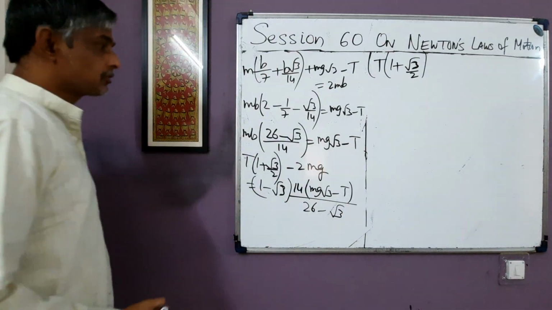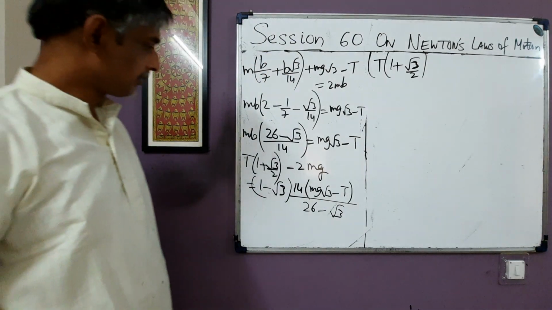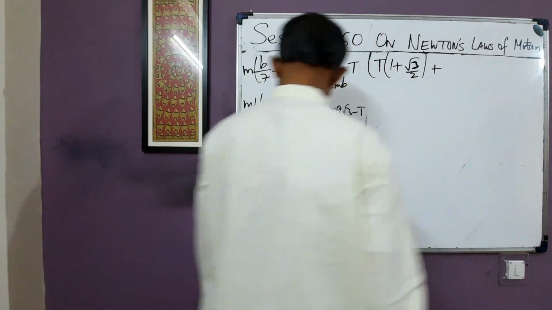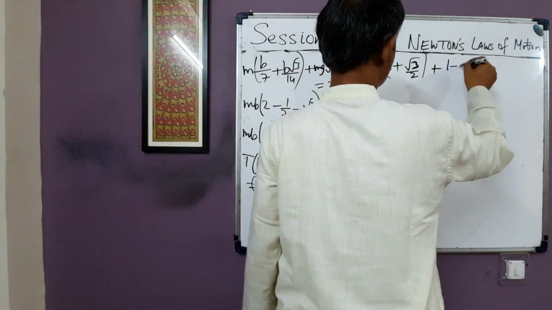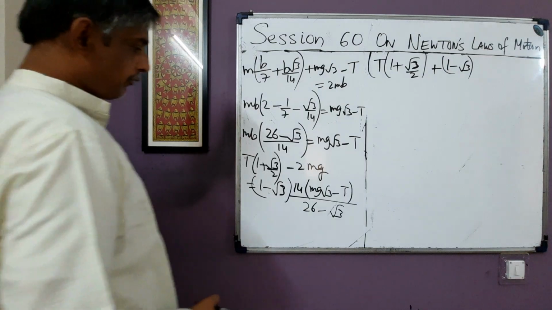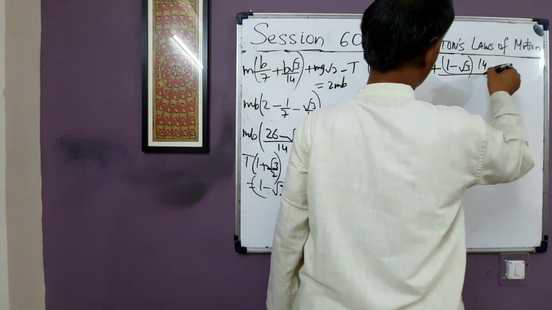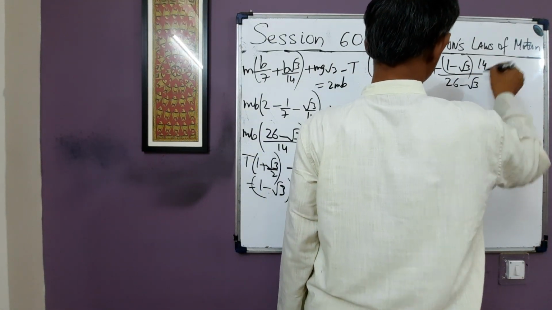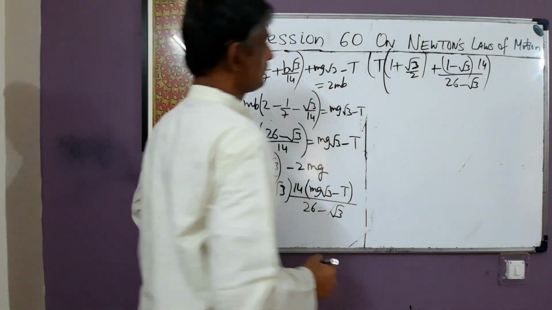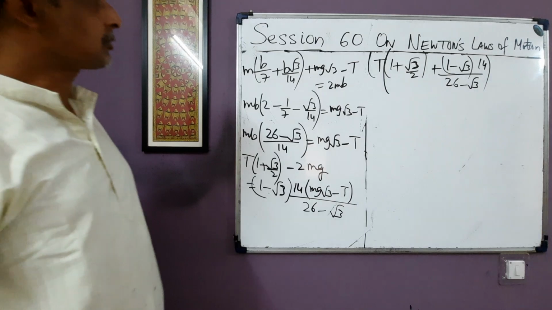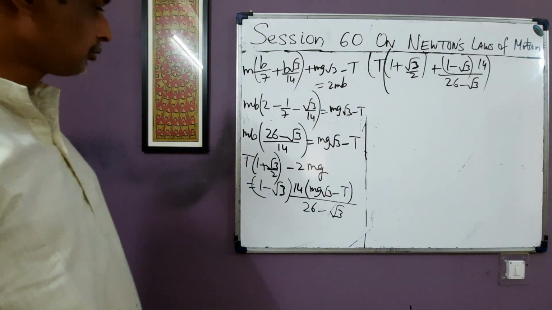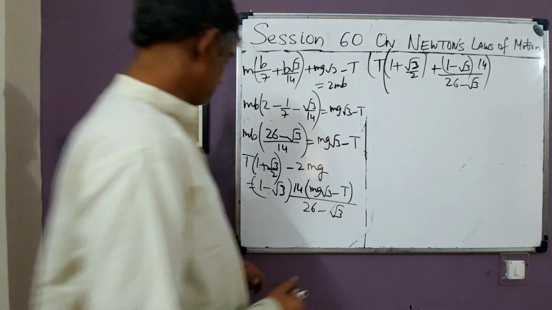This T I bring this side, plus 1 minus root 3 into 14 by 26 minus root 3. Okay? Fine. T is common throughout: 1 plus root 3 by 2 and then plus 14 times 1 minus root 3 by 26 minus root 3. Yes, very good.